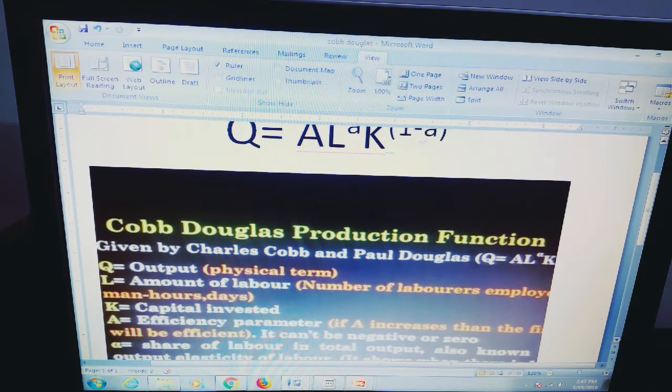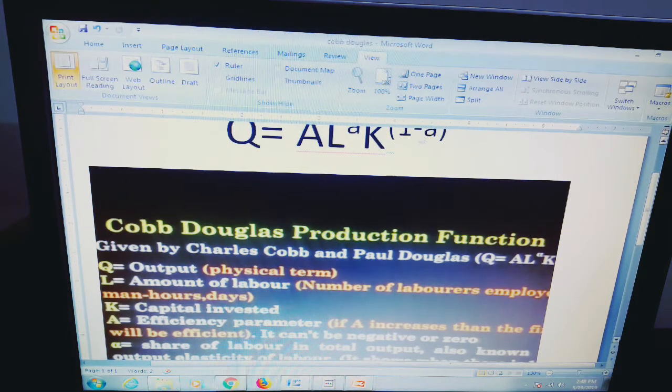Alright, and then what is the small a? It is the share of labor in the total output. The capital A is the efficiency of the firm overall. But once the quantity is produced, what is the share of the quantity? How much did labor contribute to that quantity?